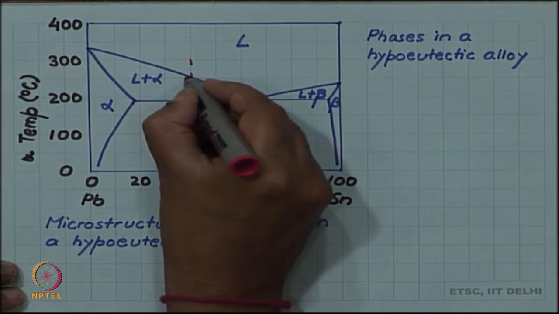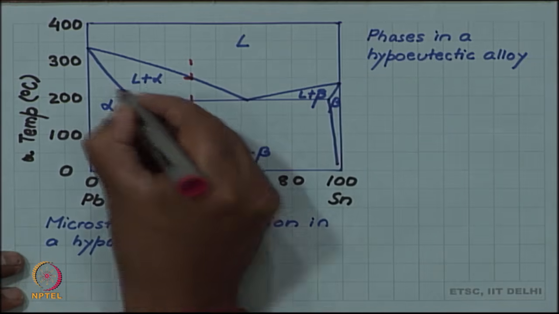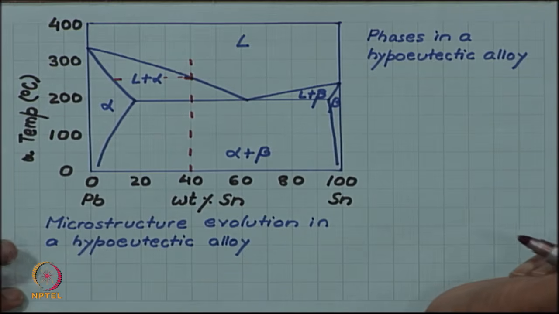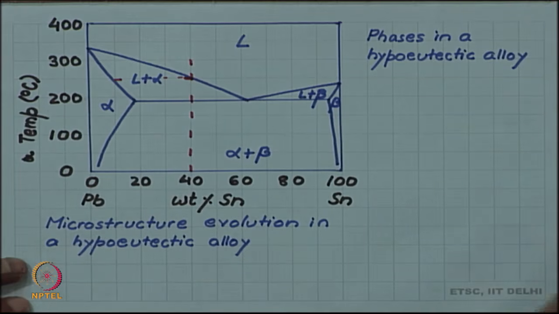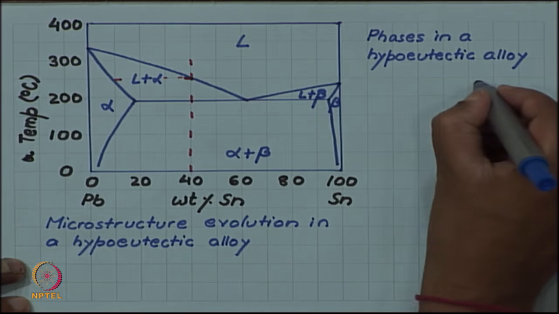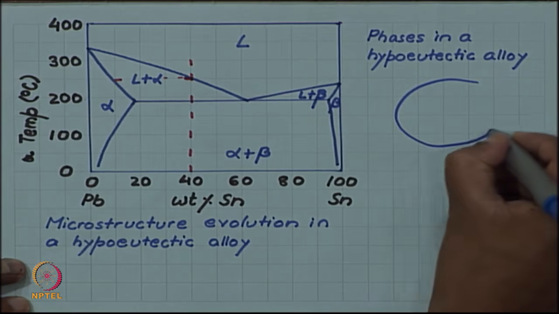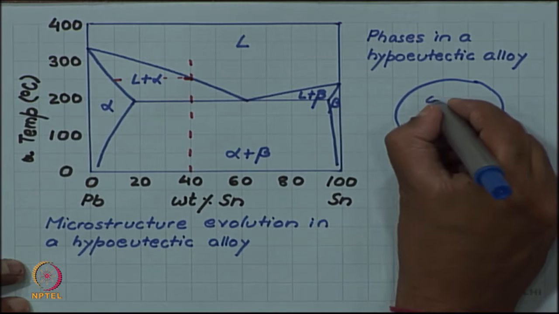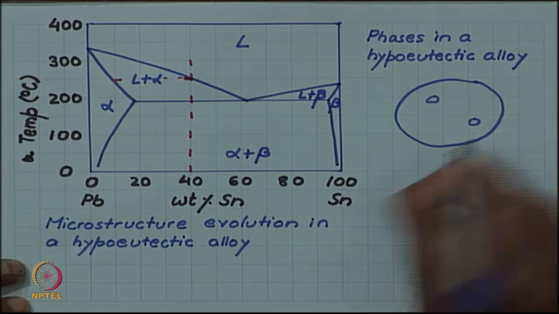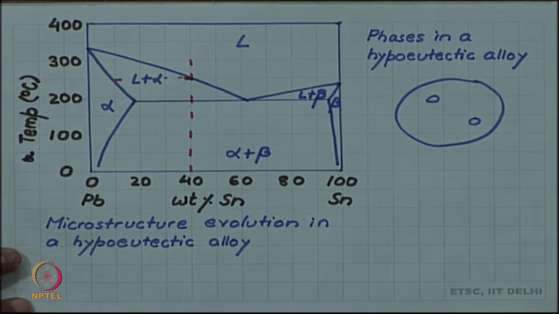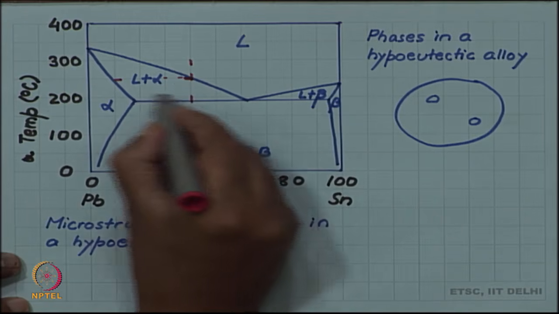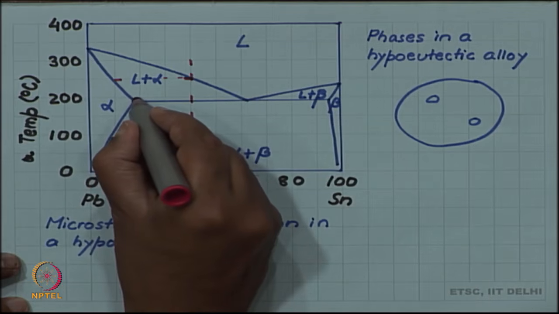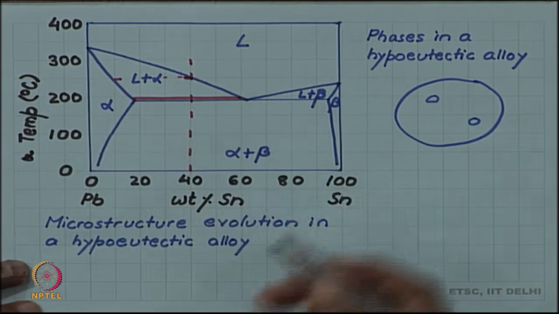At the liquidus temperature, or rather just below it, the first solid starts to form, that is alpha. So, let us try to draw a microstructure corresponding to that. You had liquid and just some alpha started to form, and as you lower the temperature, more alpha will form, and you can see that the maximum amount of alpha will be just above the eutectic temperature.